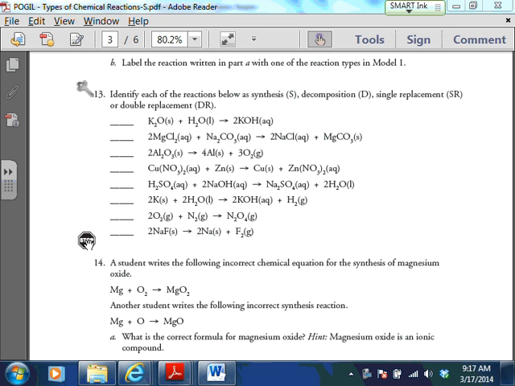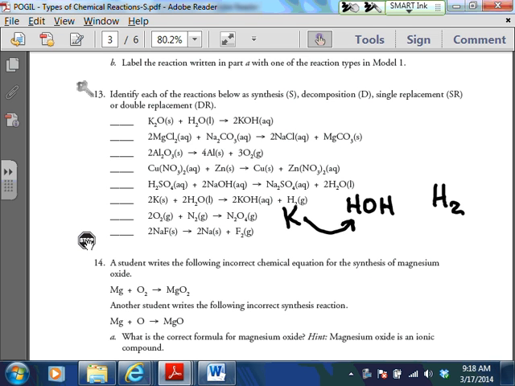You could write water as HOH, right? Same thing, H2O, HOH. So if that was the case, then you could think about the potassium coming in and replacing this hydrogen. So that hydrogen gets kicked out, finds another hydrogen to pair with, and then the potassium goes with the hydroxide.